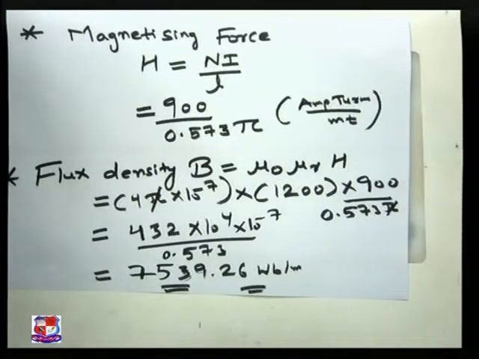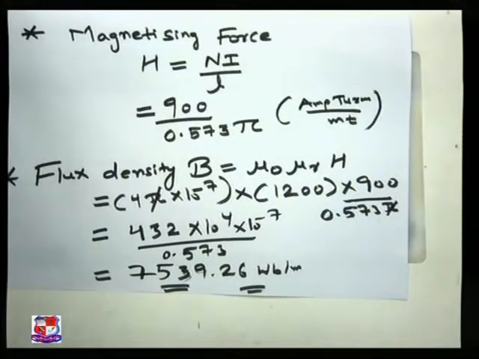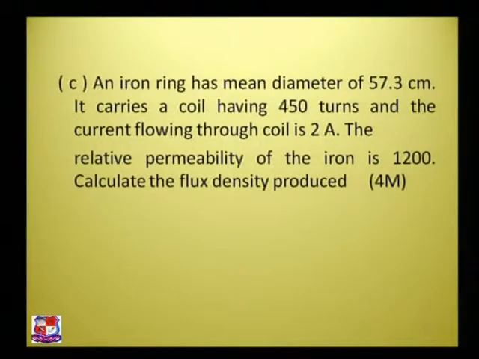So in this way, first of all you should write the data given in the question. Then you should be familiar with the equations. First we wrote the data that was given to us. Then we had the equation of magnetomotive force, that is ampere turns, Ni. We calculated the magnetomotive force. Then for the mean length of the iron ring, the equation is 2 pi r, so we calculated the mean length.